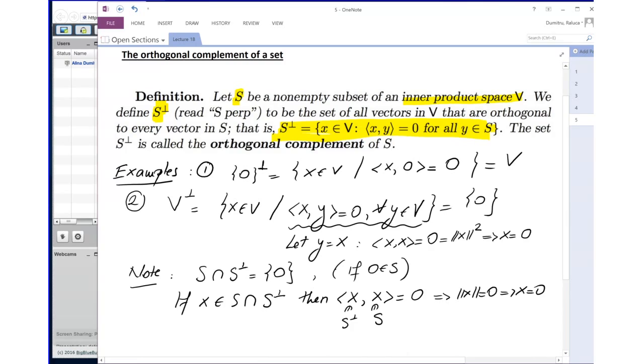So yeah, if 0 is not in S, the intersection will be empty, right? Otherwise, it must contain the zero vector. So those would be the two extreme cases again, right? The 0 set and everything. Let me just do something in between.